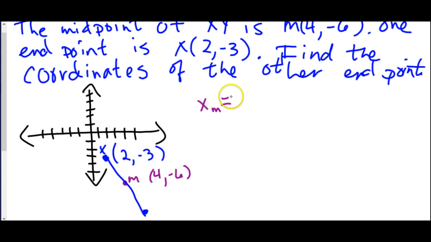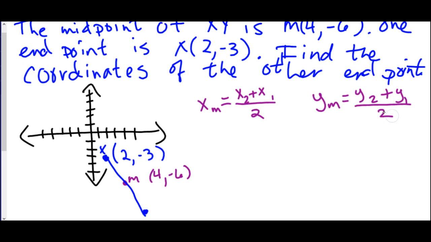The x-coordinate of the midpoint was equal to x2 plus x1 divided by 2. The y-coordinate of the midpoint is y2 plus y1 over 2. So we know M stood for midpoint. That means this is actually x sub m, the midpoint's x value, and the midpoint's y value.